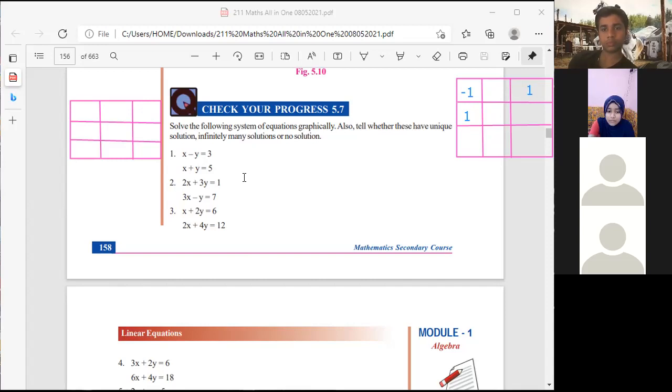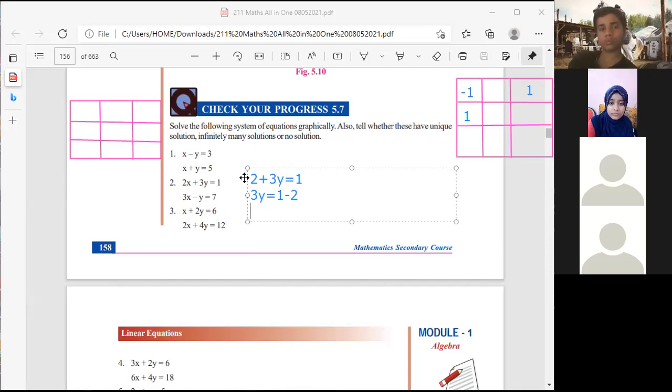Positive 1. 2 ones is going to be 2. 2 plus 3y is equal to 1. Now what do I get? 3y is equal to 1 minus 2. When I do 1 minus 2, what do I get? Minus 1. Are you getting me, bacha log?